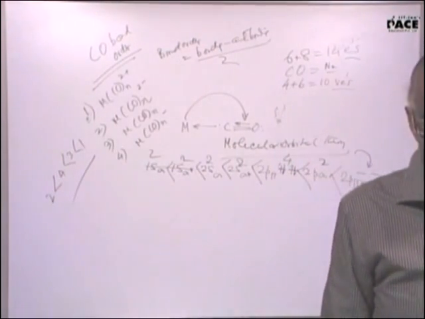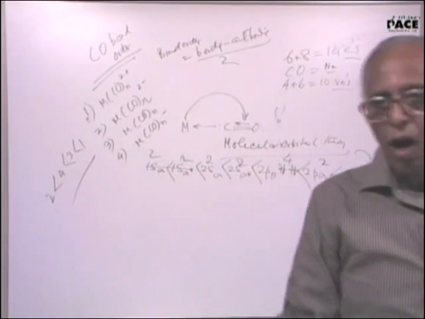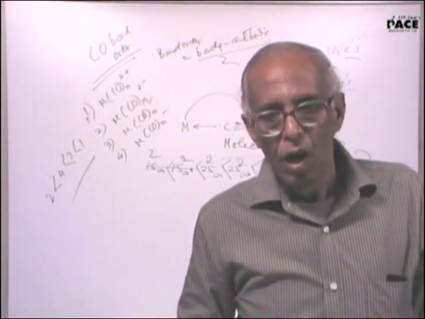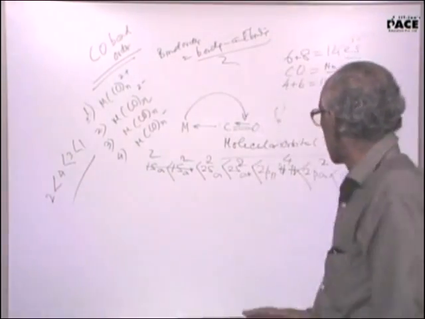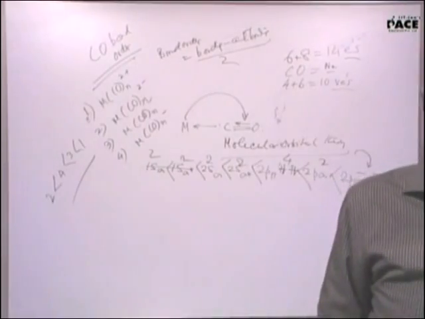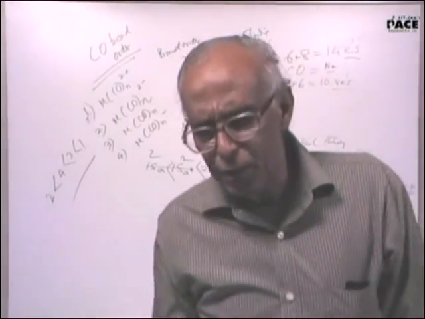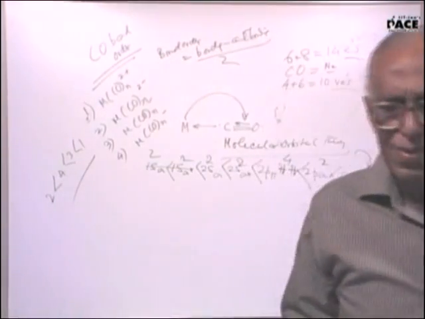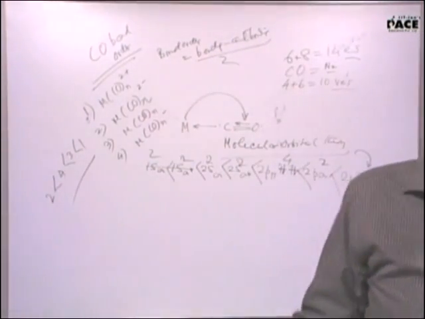Is it clear? Have all of you understood what I said? The concept is very simple: a poor man cannot be a donor, a rich man can be a donor. So this is simply the concept.